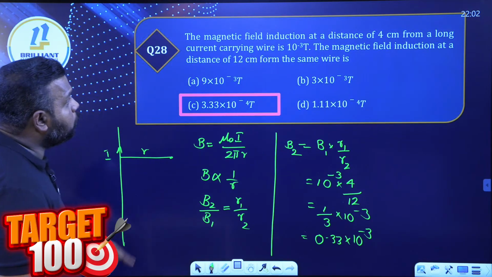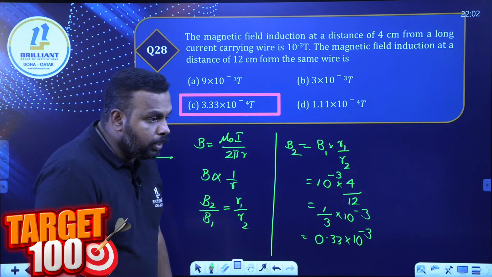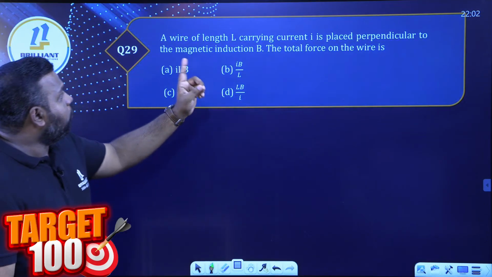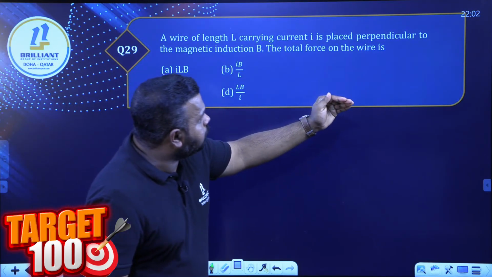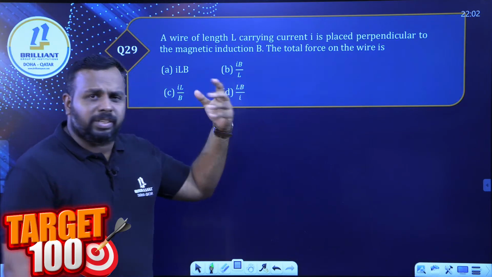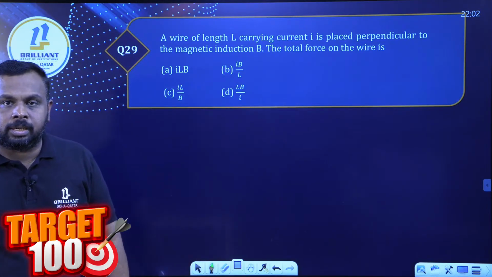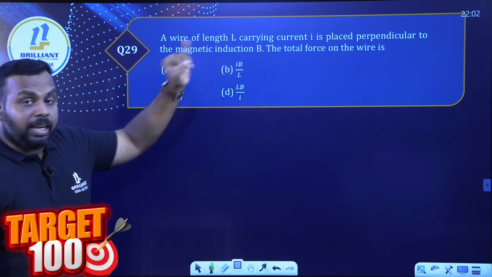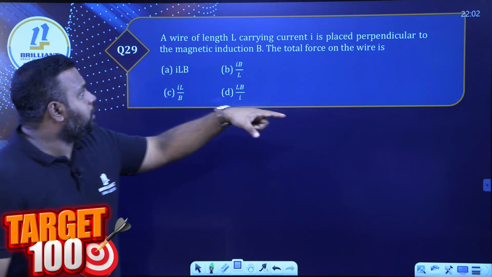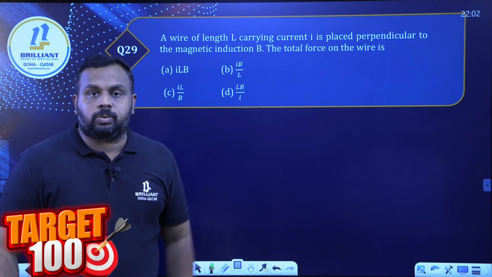So I'm going to the next question, number 29. Look at this. A wire of length L carrying current I is placed perpendicular to the magnetic induction B. The total force on the wire is, direct question. So what is the force formula?